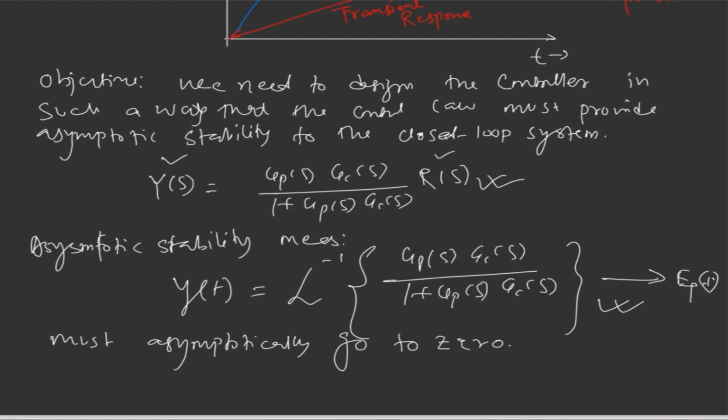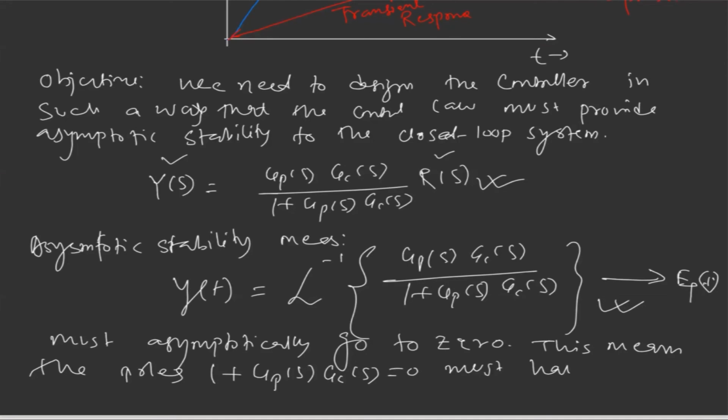I should say the poles of the characteristic equation 1 plus Gp of s, Gc of s equal to 0 must have negative real parts. So the poles should lie in this region, on the negative side. They may have a complex conjugate part, but they should have a negative real part.